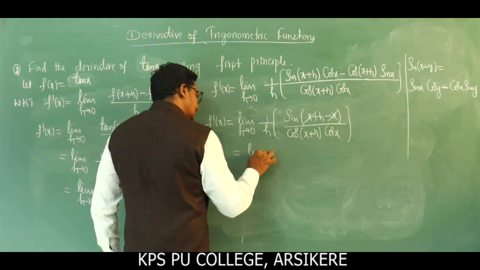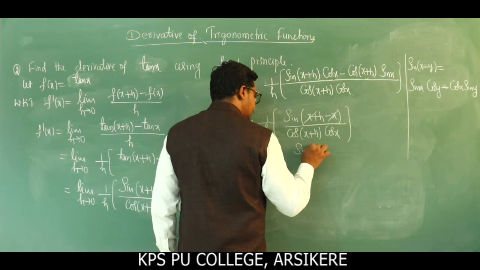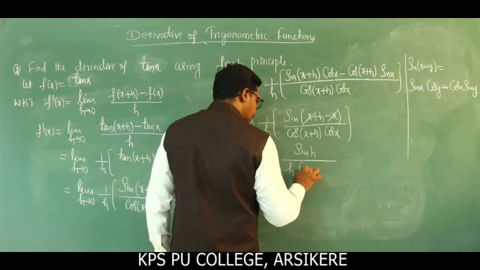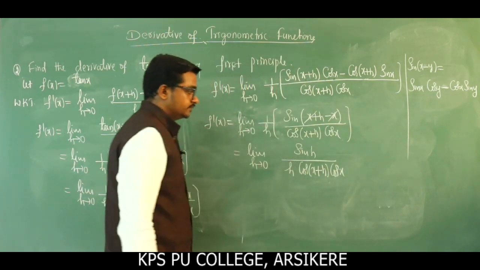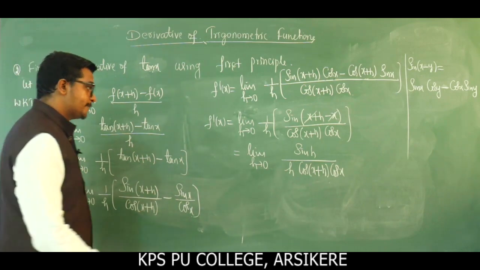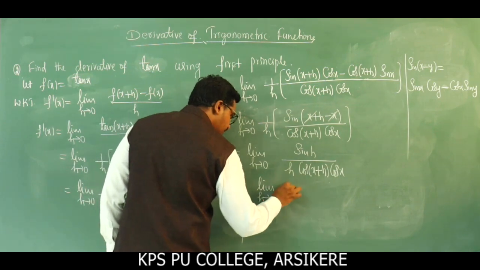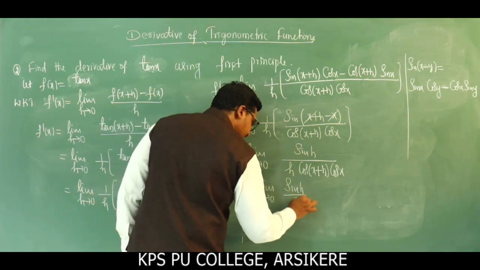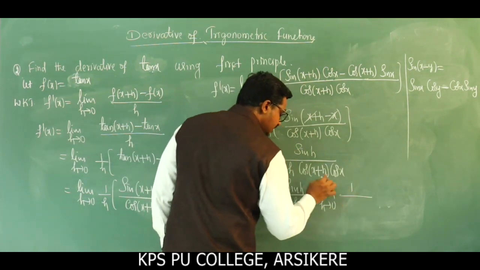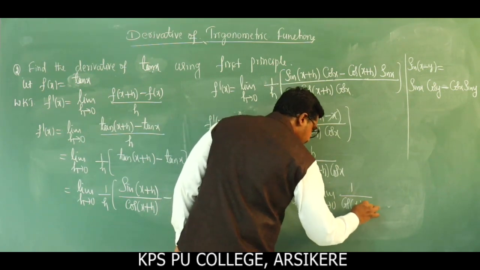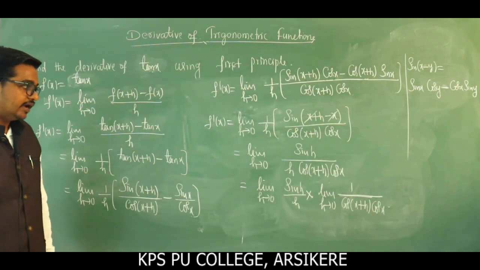Therefore, this is limit as h approaches 0 of sin h divided by h into cos of x plus h into cos x. Now separate the limit: limit as h approaches 0 of sin h divided by h, into limit as h approaches 0 of 1 divided by cos of x plus h into cos x.